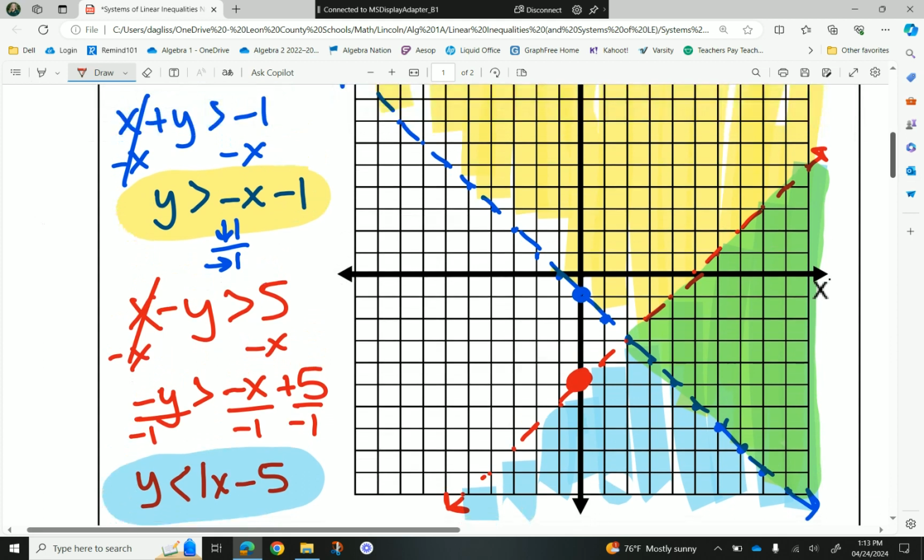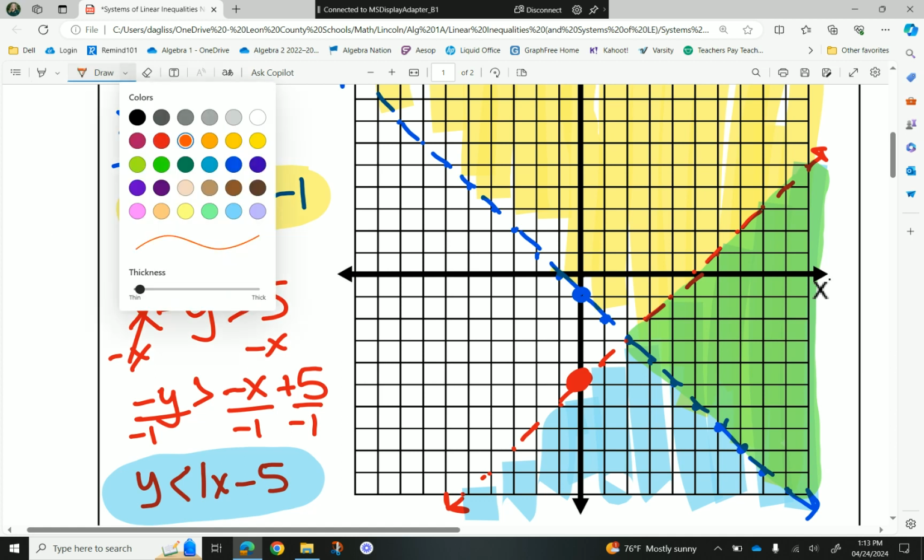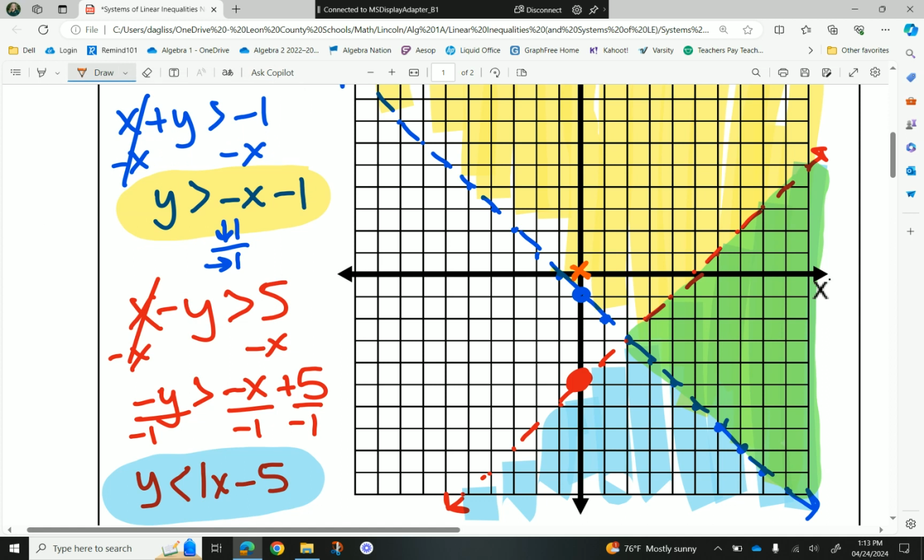So if I asked you, is the origin a solution to this system of inequalities, would you say yes or no? The origin is right here. Is that in my green? No. So is it a solution to the inequalities? No, it would not work. Okay? What if I used the point 2, 2? Would that work? Up here in the yellow? Is that a solution to the system?